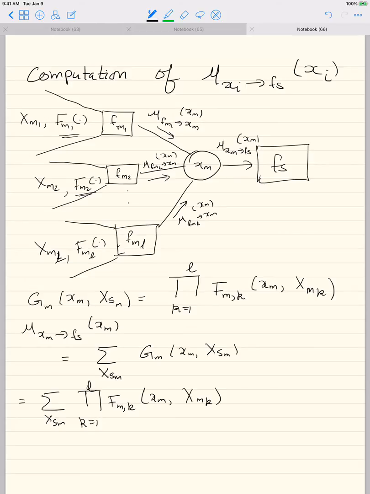So again we interchange the product and the summation, and when we bring the product inside for the kth term, only the variables xmk come into the summation.